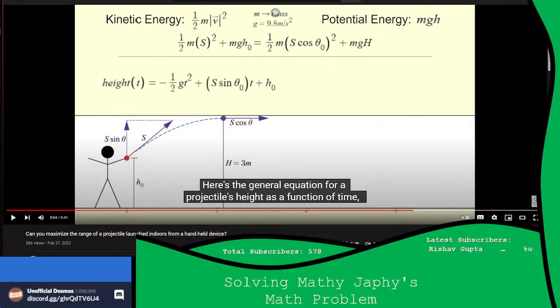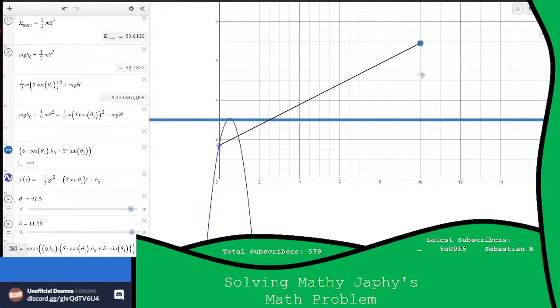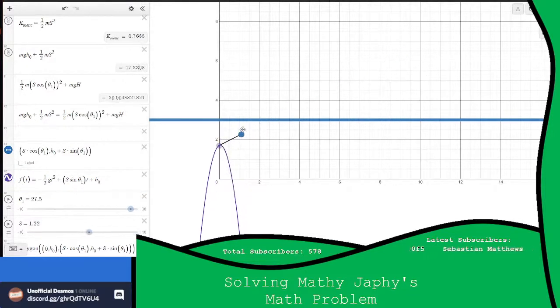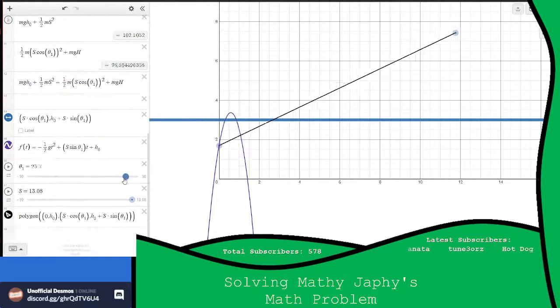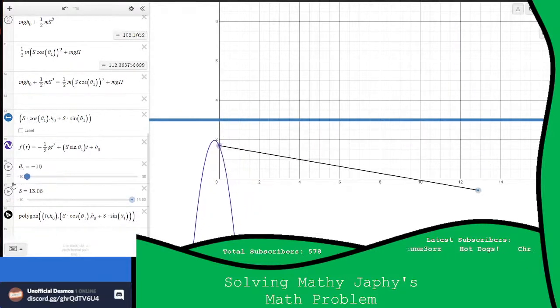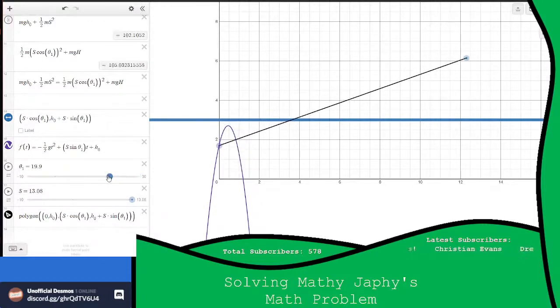That looks a little bit wrong, but yeah, our vector seems to... I'll say that looks pretty good.